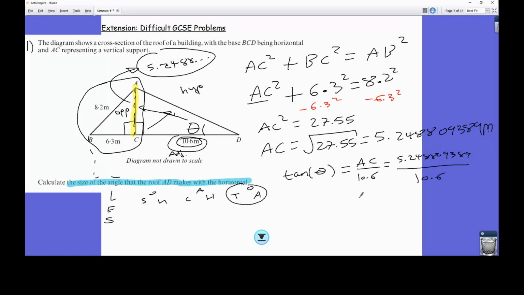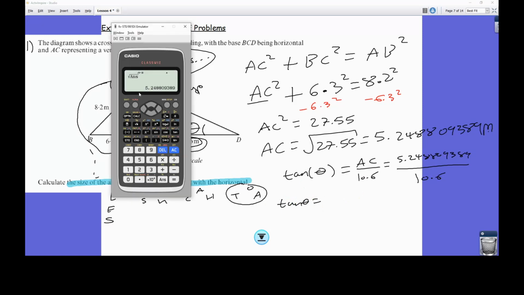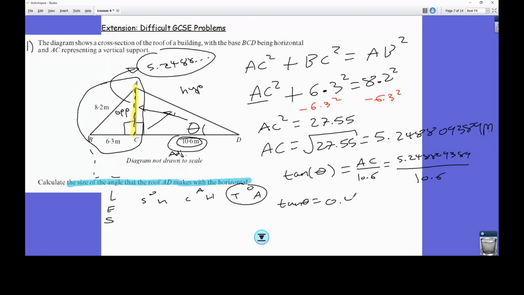And then what I'd have to do is inverse tan of both sides. Just to be careful, I've still got AC in my calculator memory, so I could just do the answer divided by 10.6 equals 0.495.